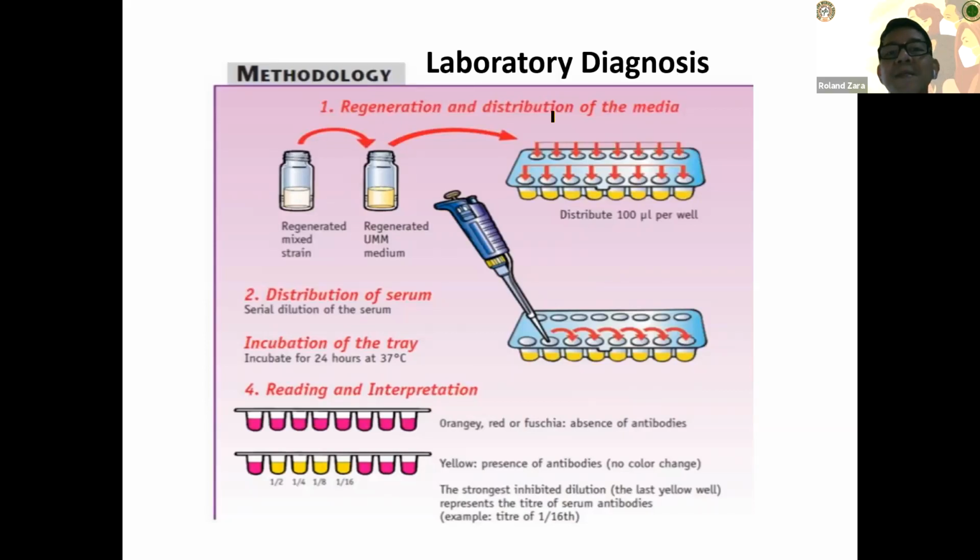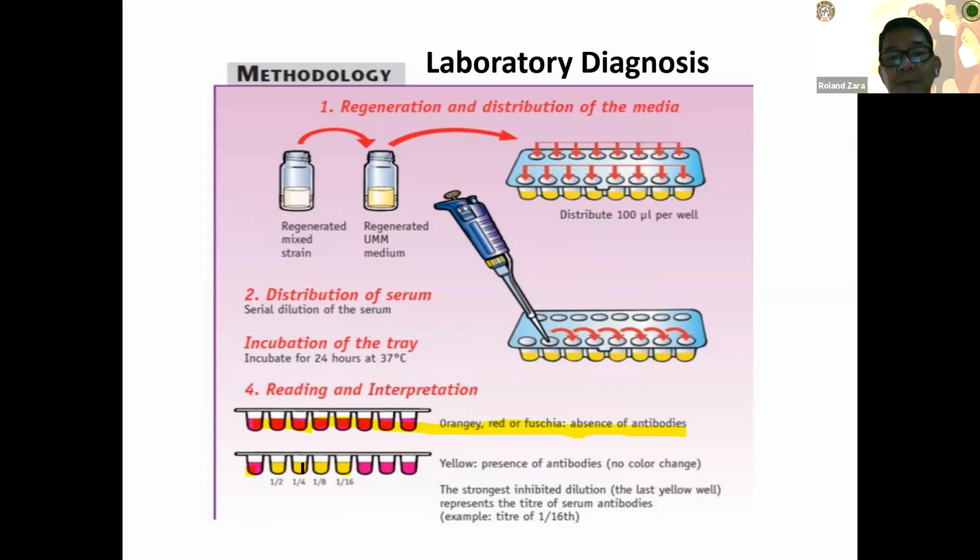So in this one, the preparation and distribution of media here, then the distribution of serum from the patient here, again a serum. They will incubate this tray, after which they will read it. So wala siyang change in color, only orange, red, or fuchsia: absence of antibodies. But if it changes at 1:2, pero meron din sa 1:4, there is still change in color in 1:8, and there is change in color in 1:16.